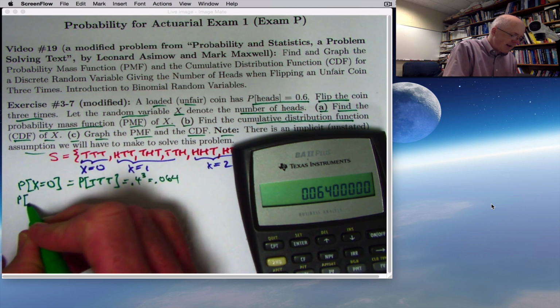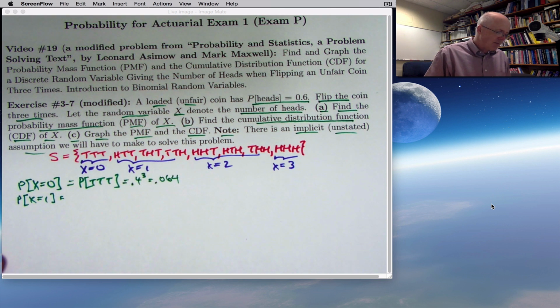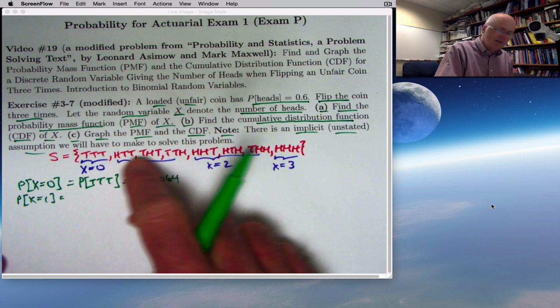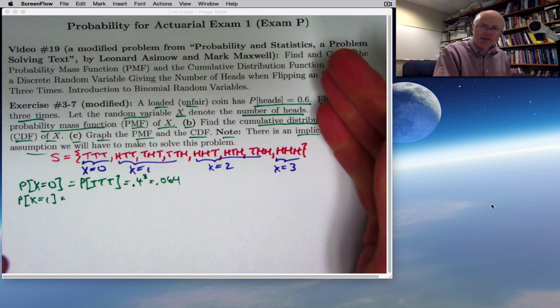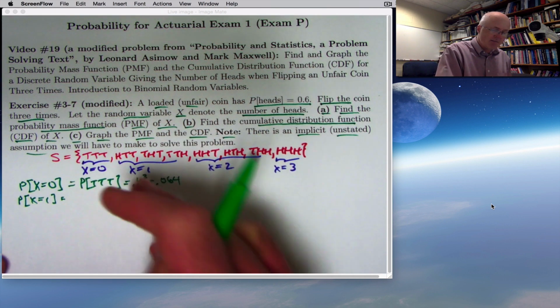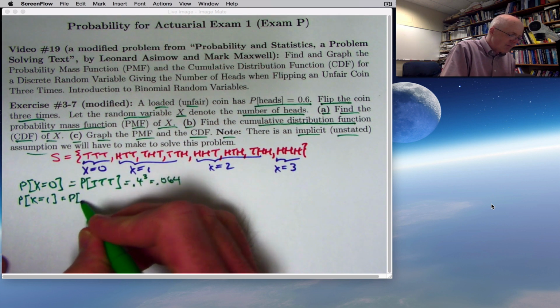How about the probability that x equals 1? We also need here the special addition rule for mutually exclusive events. These individual events are mutually exclusive. You know, that's not stated in the problem either, but that's definitely something that is obviously true. It's not really an assumption you need to make.